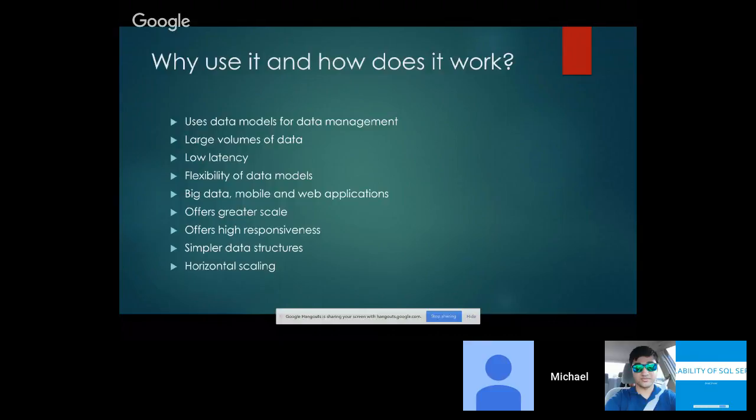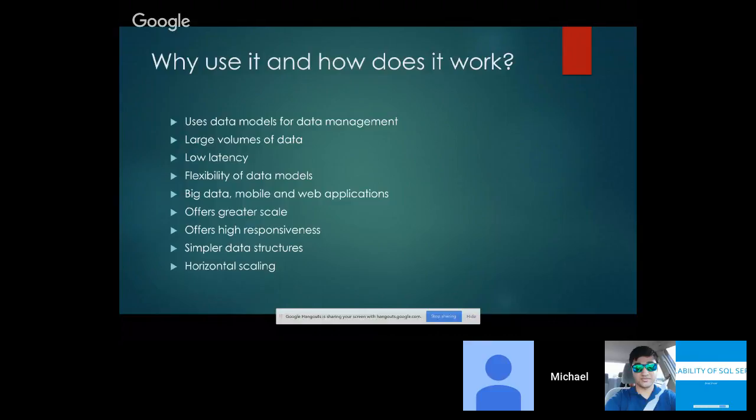When you start looking at aspects of big data, being able to work with large amounts of data, the added value is for mobile and web applications to be accessed and potentially displayed globally.